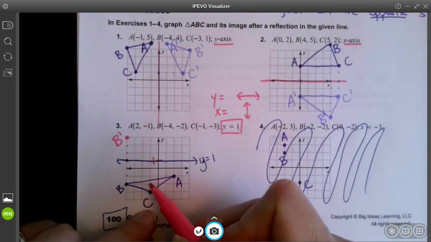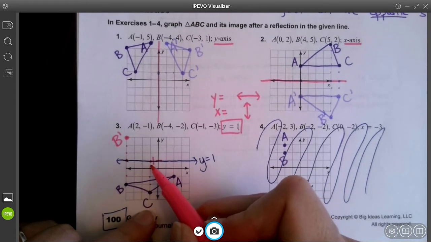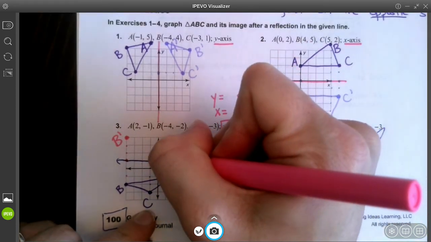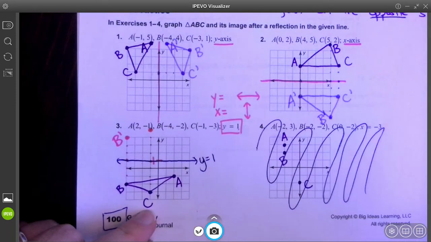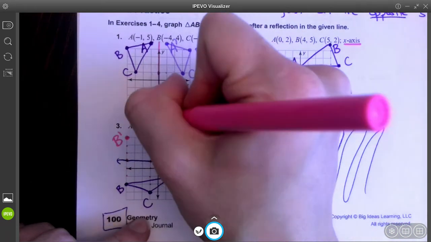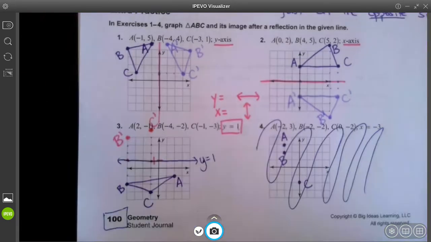C is 1, 2, 3, 4 units below the line of reflection. So C prime will be 1, 2, 3, 4, and I run off the graph, so I have to estimate it a little bit. C prime is 4 units above the line of reflection.